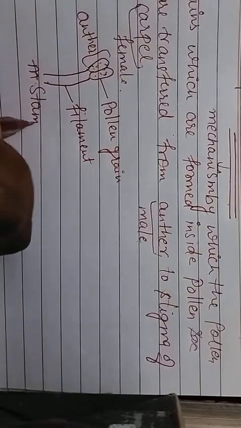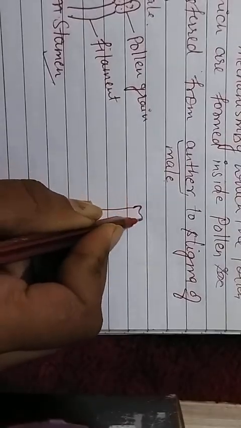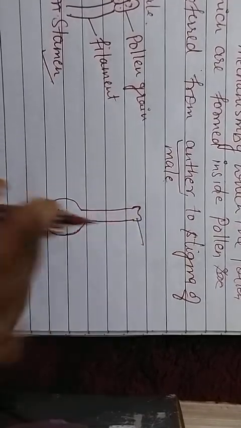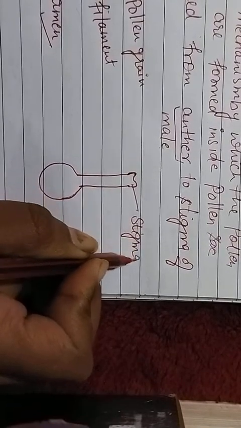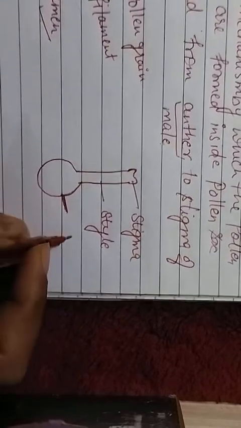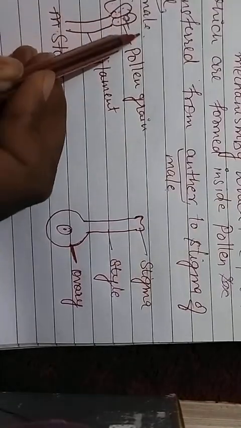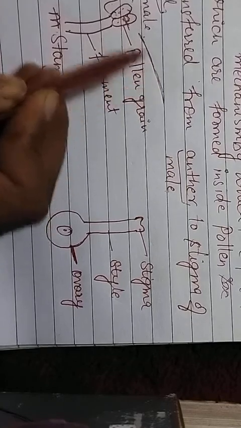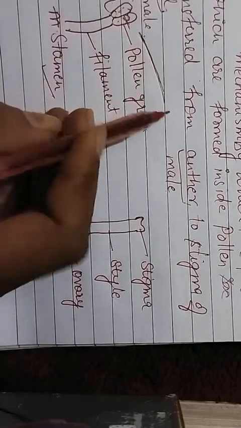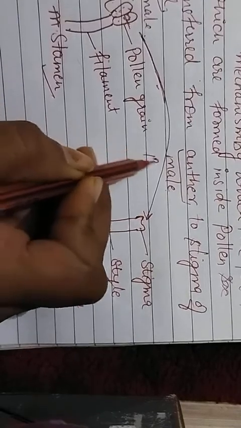This is the structure of the stamen, which is the male reproductive part, and the structure of the carpel is like this, which consists of the uppermost part, that is the stigma, a tube-like structure, that is the style, and this bottom rounded structure, which is known as the ovary, which contains eggs. So pollination is the mechanism by which the pollen grains produced inside the anther are transferred from the anther to the receptive stigma of the carpel. This mechanism is known as pollination.